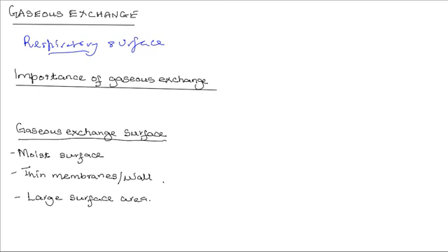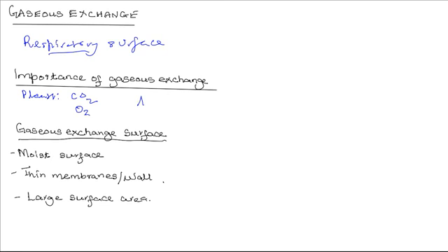For example, in plants, in the presence of light, plants require carbon dioxide for photosynthesis, and at the same time they release oxygen from the process of photosynthesis. So carbon dioxide must be taken into the plant body and oxygen be removed.